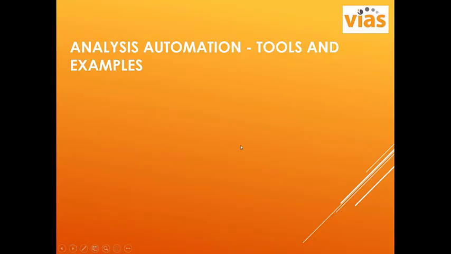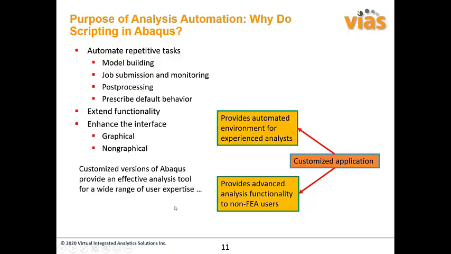Now I will come to the first main section here about the analysis automation and tools and examples, supplemented by some tools and examples. The first question that may come to a new user's mind is: why do we do scripting in Abaqus? Based upon your industry or research experience, you may have seen that sometimes you have to do repetitive tasks, developing variants of a very similar type of model.